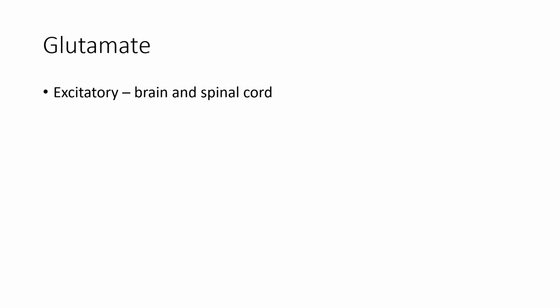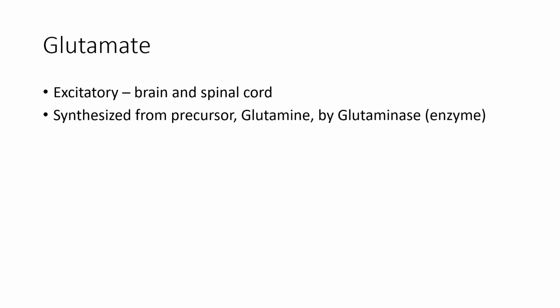And again, this is going to yield more firing in the neurons in this area, so an excitatory or active response in the body to glutamate. Glutamate is synthesized from a precursor called glutamine, and it is done so by the enzyme glutaminase. So glutaminase is the enzyme that takes glutamine and then creates glutamate.